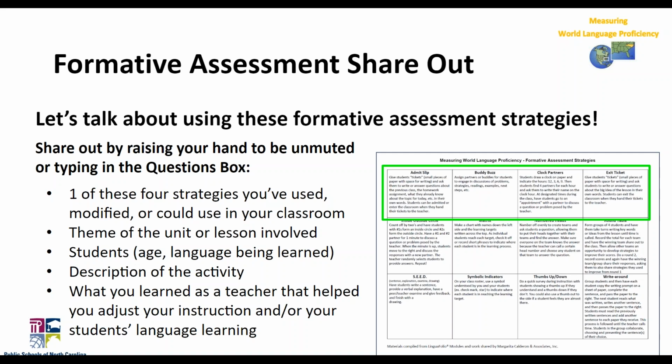Okay, so for my exit tickets, I use a Google form, and I saw this in the Facebook group, the French Teachers in the US, and so I've altered this Google form that a gentleman created, and so it has the performance assessment chart as an image, and students can kind of say, did I come to class prepared?